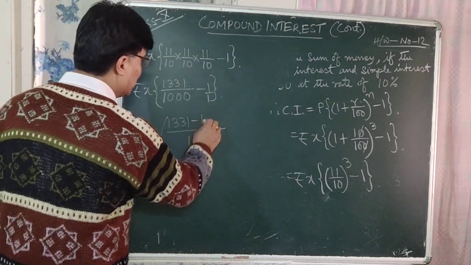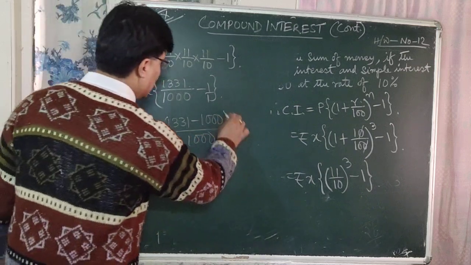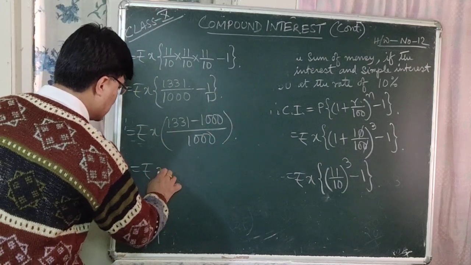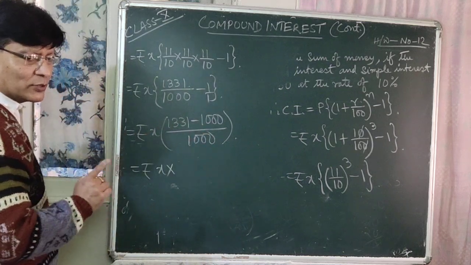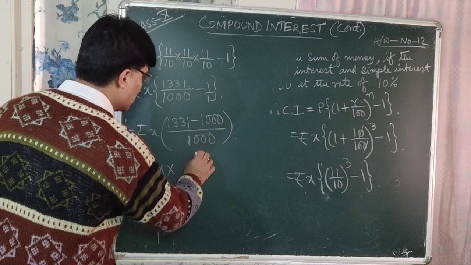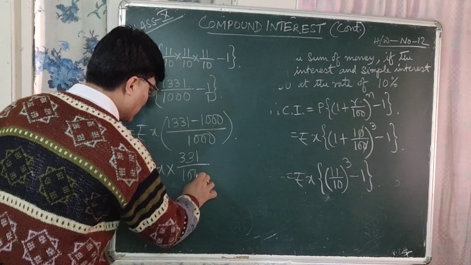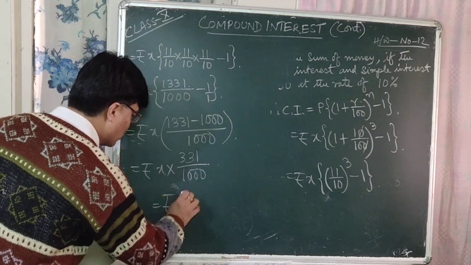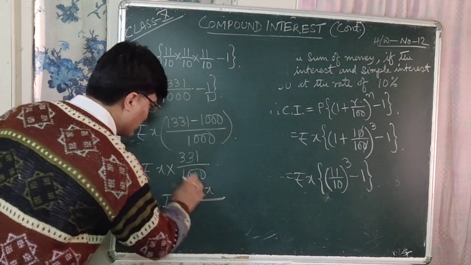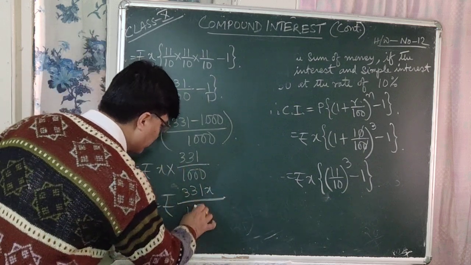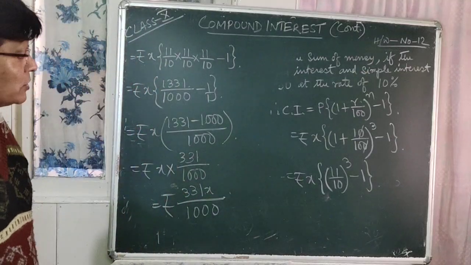So this is rupees X into, now subtract 1000 from 1331. 1 minus 0, 1. 3 minus 0, 3. 3 minus 0, 3. So 331, multiplied by X, divided by 1000. So 331X by 1000 is your compound interest.